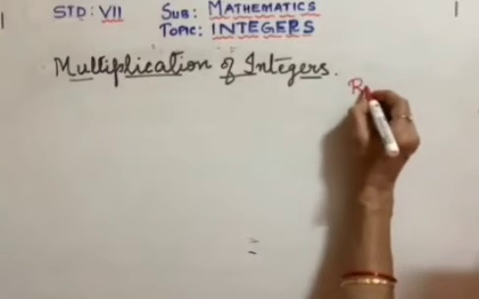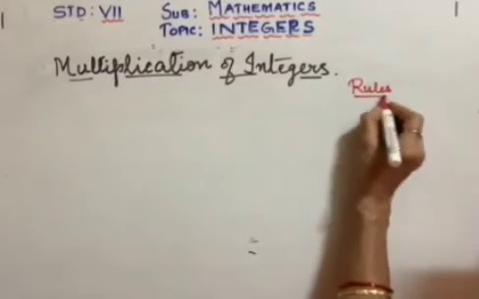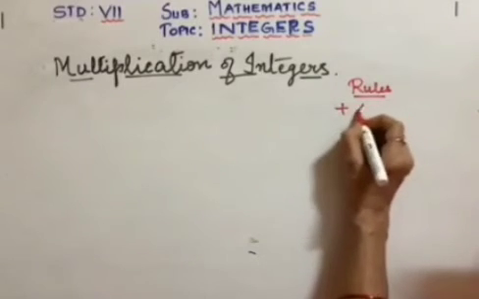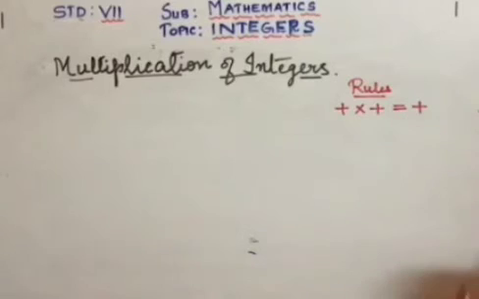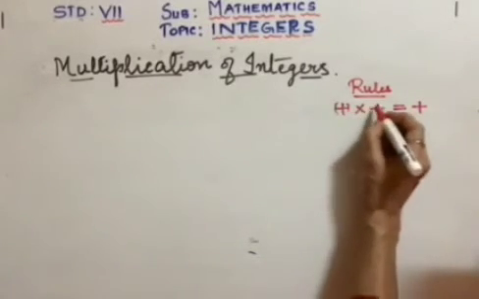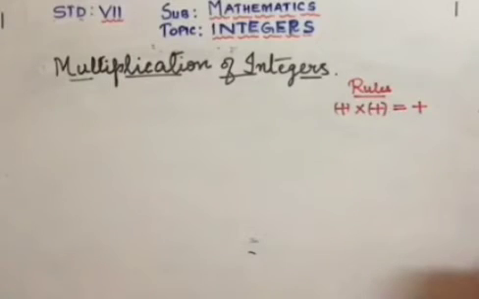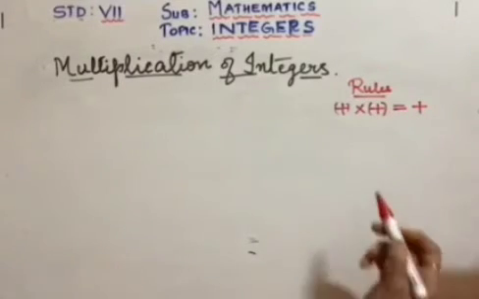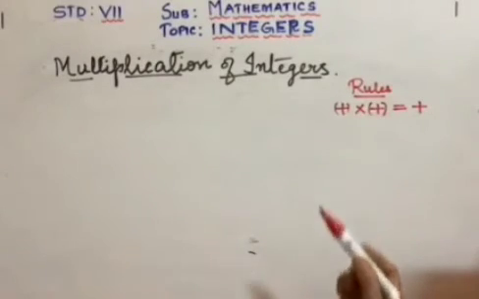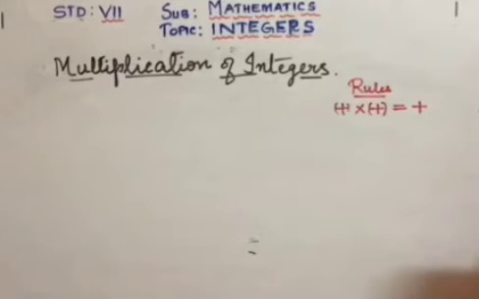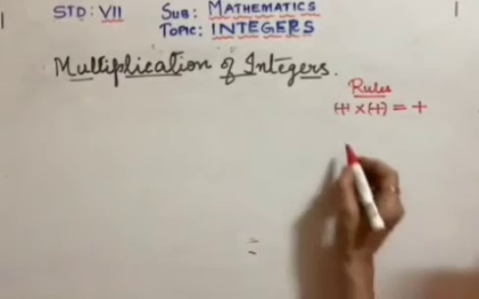You remember these rules, children? Plus into plus equals plus. Do you remember? Can you write the remaining rules on your own? Positive into positive is positive. That means when you multiply two positive integers, the result is also positive.